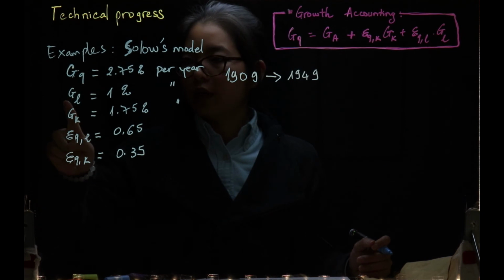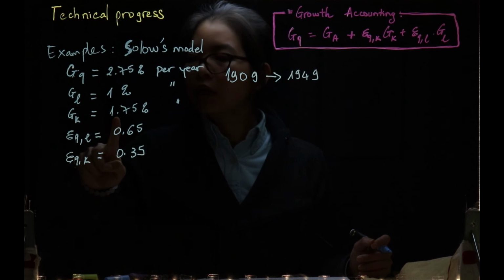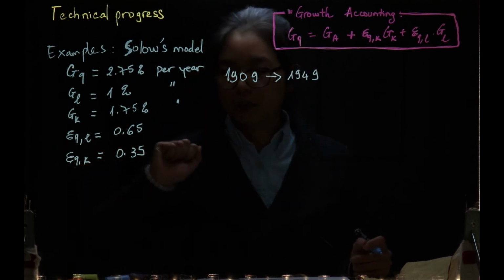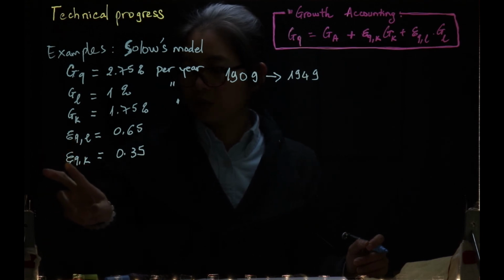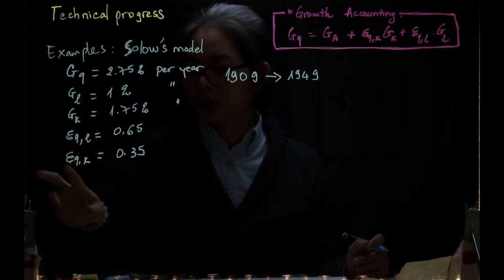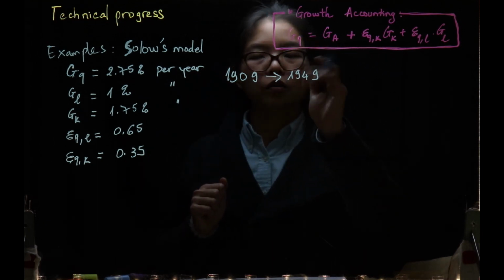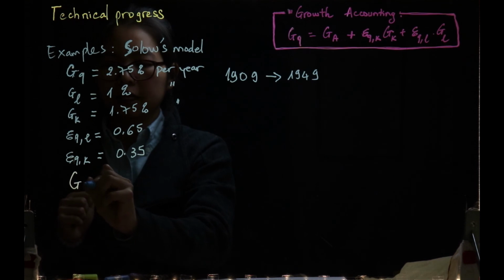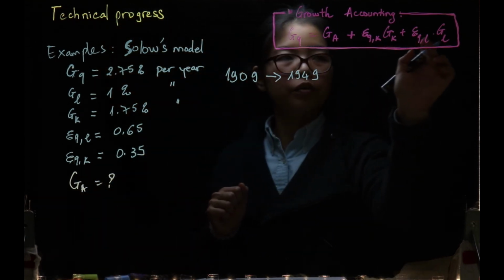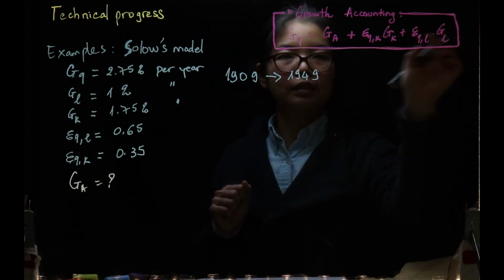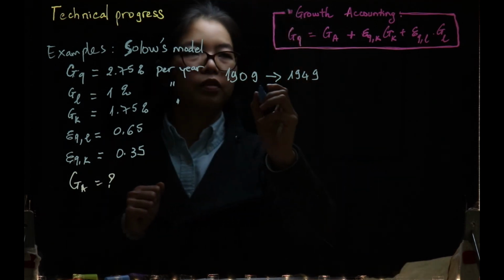And the growth in labor is 1% per year. Growth in capital, 1.75% per year. And we also have the elasticity of output with respect to capital and labor already. So now we just need to calculate the technical progress. So you have everything you need on the right hand side, and we also have the number for the left hand side.